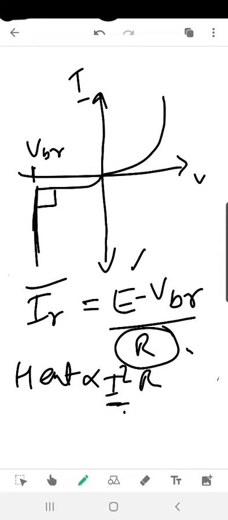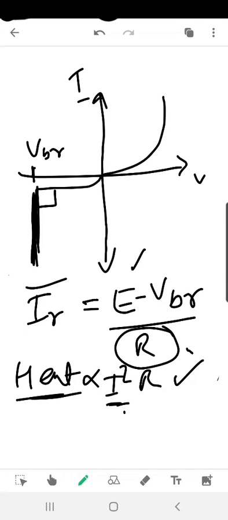If the current is continuously increasing, the heat generated will be very high, and this heat will overheat our device, and there is some maximum power rating of our junction. If heat greater than the maximum power rating is developed, then our device will get burned, and we will not be able to use our PN junction. So this is reverse breakdown.